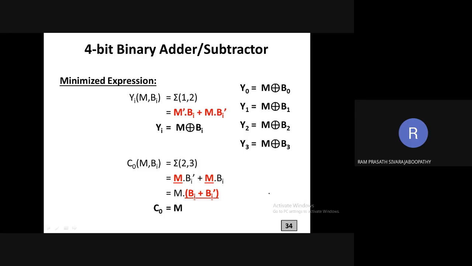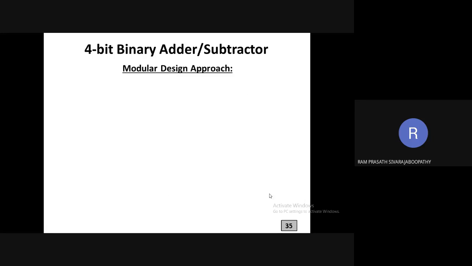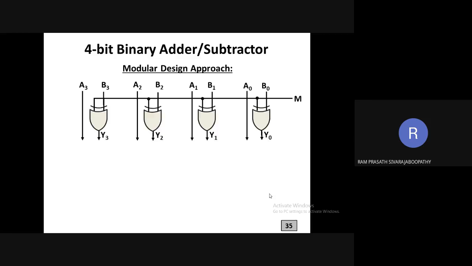Yes. Okay. Now we will design the circuit. Listen carefully. A is connected as usual. Next, what should we do? All the B inputs, B3, B2, B1, B0, are going to be XORed with M, and we are having the outputs as Y0, Y1, Y2, Y3. Did everyone understand this? Yes or no?